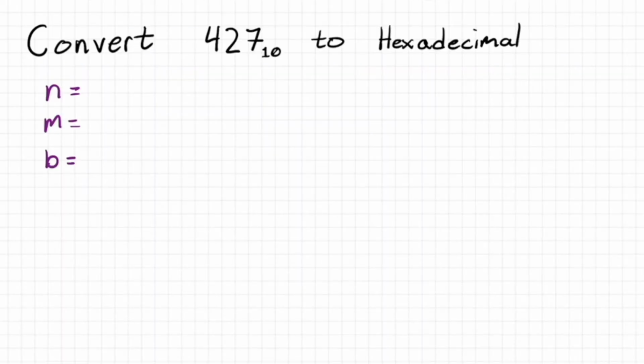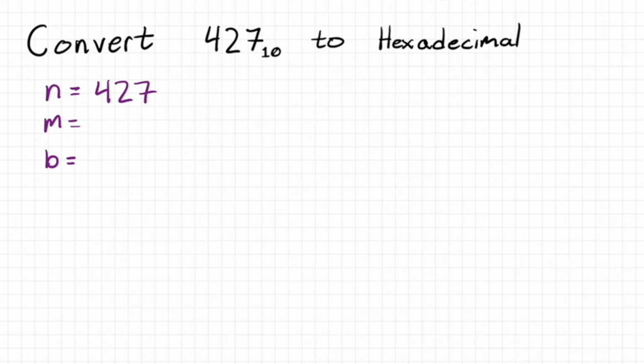So now let's look at an example of converting a number in base 10 to hexadecimal. Just as when we were converting numbers from base 10 to binary, if you need an explanation of what N, M, and B are, make sure to go back and watch my video on conversions from base 10 to binary and then back from binary to base 10, which you can find linked up in the cards above on this video. But we have N, which is 427, or the number we want to convert.